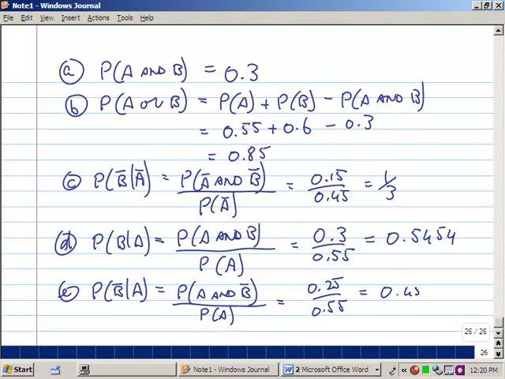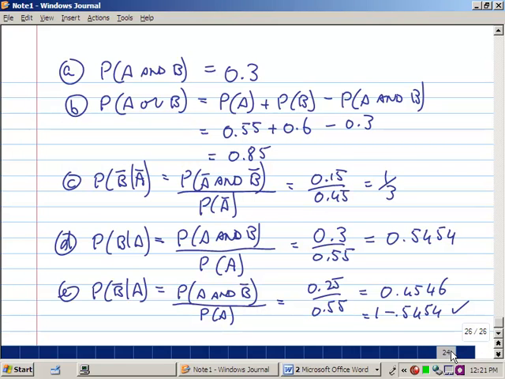Okay, and the answer to that is 0.4545, etc., but rounded 0.4546, and again, that is the complement of the one above. Okay.